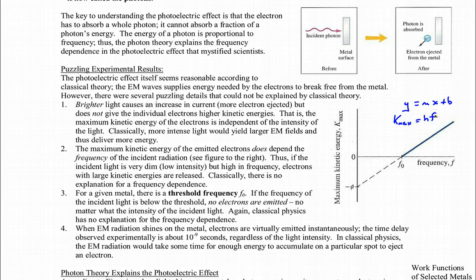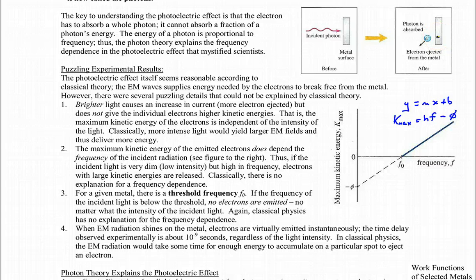And then the y-intercept, which is down here below, is a negative y-intercept, so we're going to put a minus sign, and then this little symbol here represents what's called the work function. It's like the bail amount that you need to give your uncle so that you can yank him out of jail. In physics terms, it's the minimum amount of energy needed to pull the electron out of the metal.